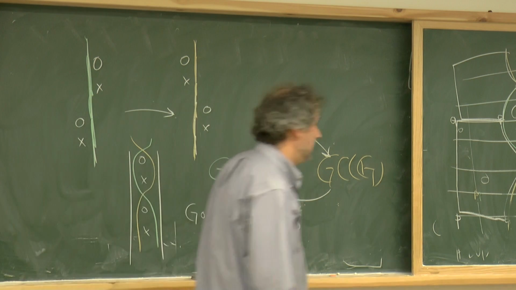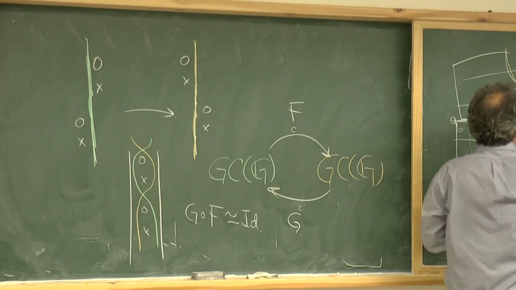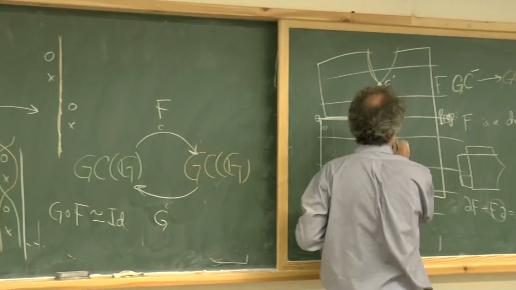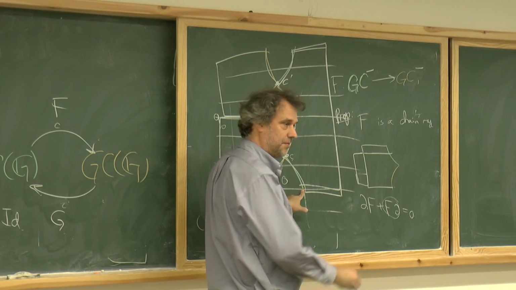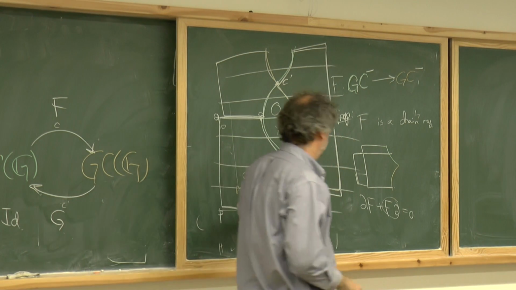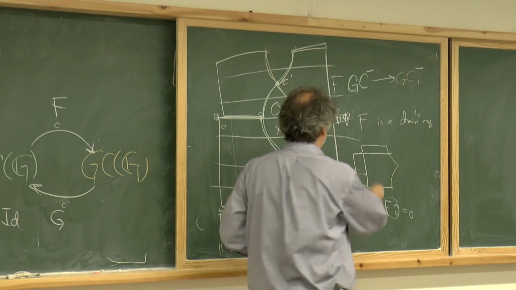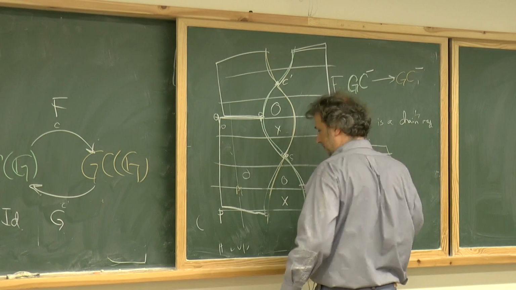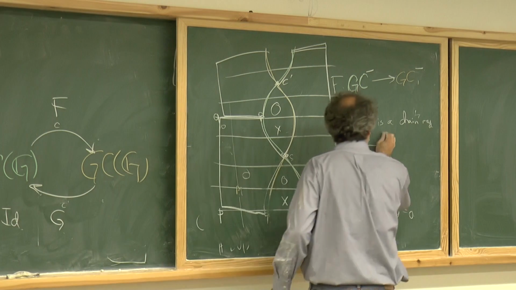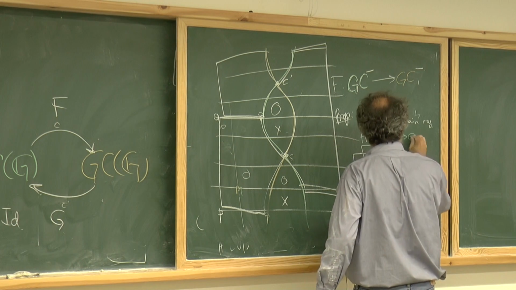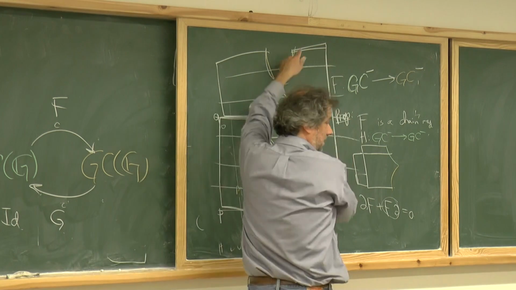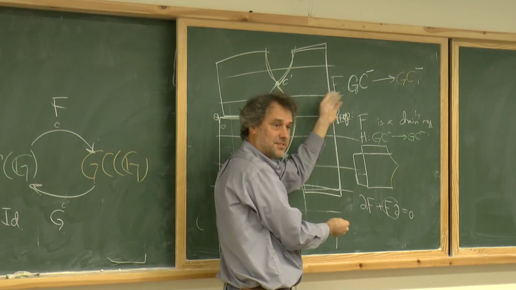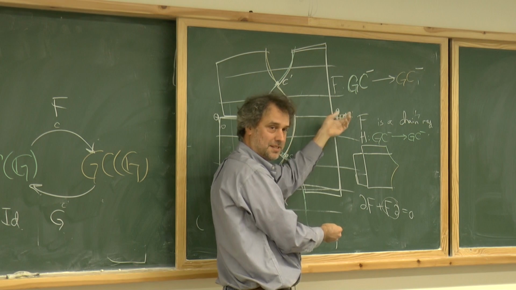Hexagons, of course. So you could count hexagons. That's a green hexagon. And you can define a map H from green GC minus to green GC minus, which just counts hexagons, meaning that I don't count hexagons if they have X's or P's in their interior.